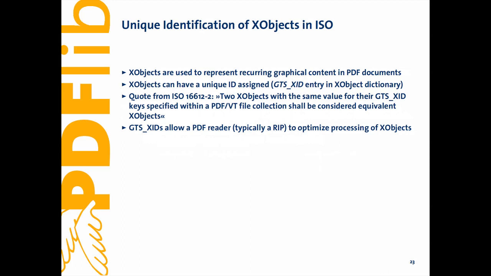And this is, of course, also used by the RIP to optimize the processing of X objects. So if the RIP has an X object rendered and cached, it will remember the unique identifier, and if it encounters another instance of an X object with the same identifier, that's a hint that it can just reuse the object from the cache.